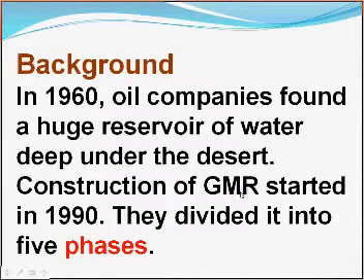So that's Great Man-Made River. In the background, you have to write about when the idea of the project started, what date people started to think about it. Okay, you have to write about the background of the project. So here we said that it's divided into 5 phases or 5 stages.